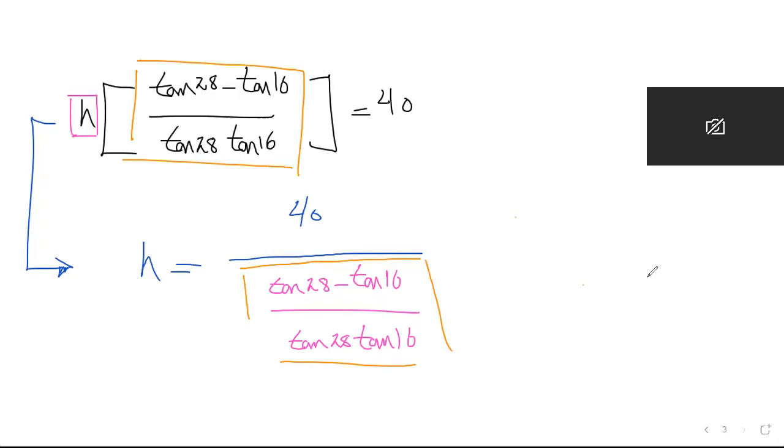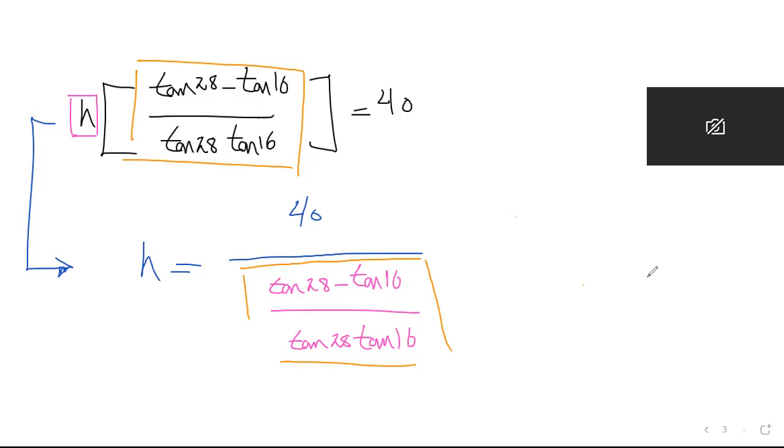But tangent 28 and tangent 16 are not variables. So I assume that the thing inside the parentheses is known. Then I divide both sides by this coefficient to isolate h on the left side. That's what we do to solve the problem. When isolating the h, I divide both sides by this coefficient. It comes all the way into the denominator of the right side, and h is given. That's the thing you're looking for.